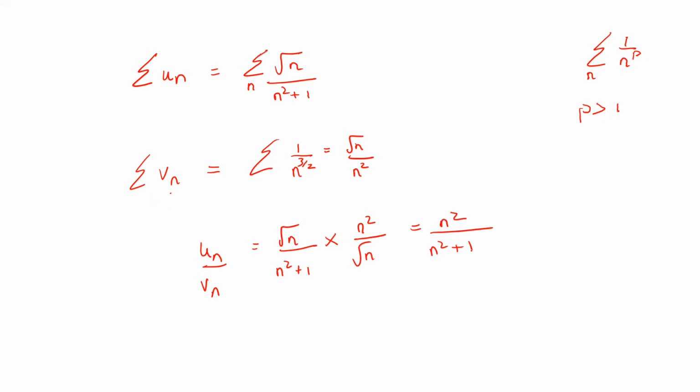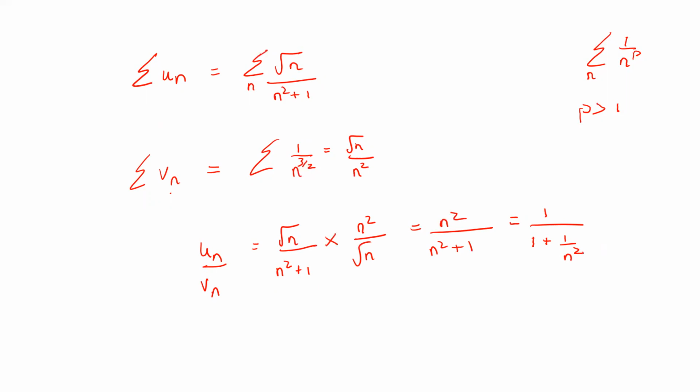Now what we can do is divide both the numerator and the denominator by n square. So the numerator will become 1, the denominator's first term will become 1, and the second term will become 1 by n square.